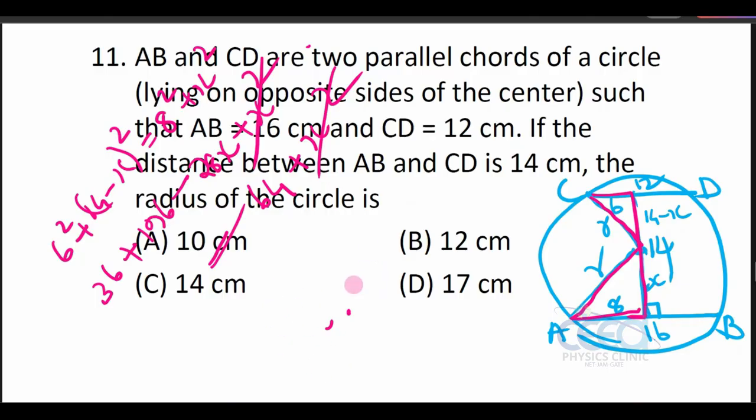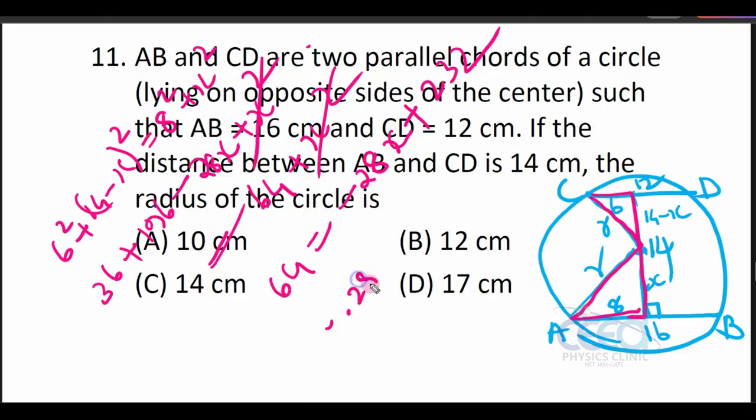Now finally we can write 64 is equal to minus 28x plus 232, because 36 plus 196 minus 64 is 232, and this minus 28x, right.